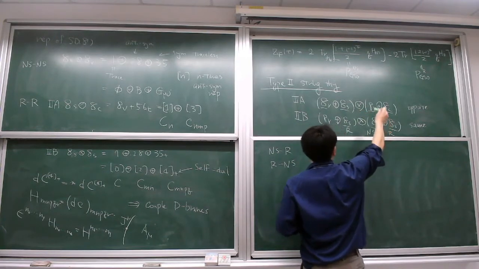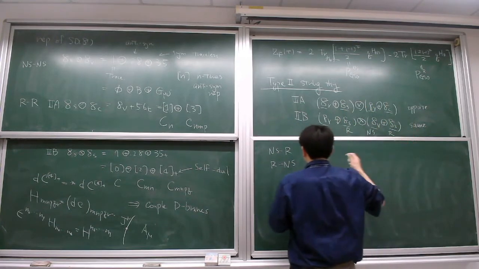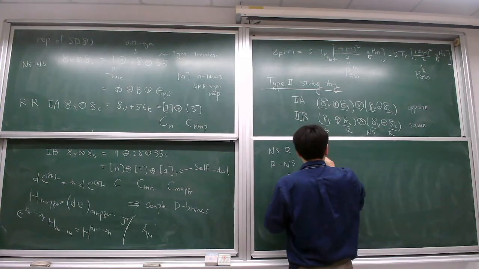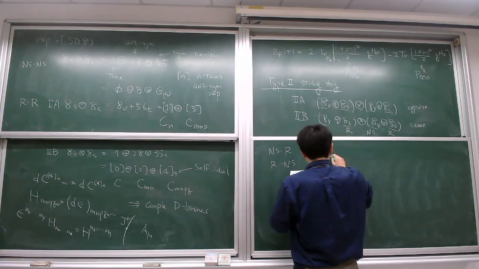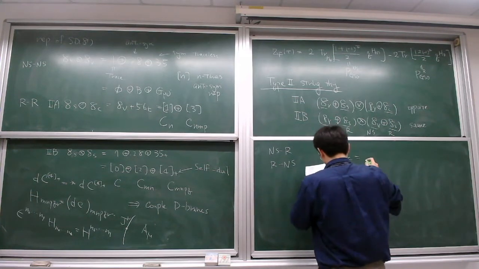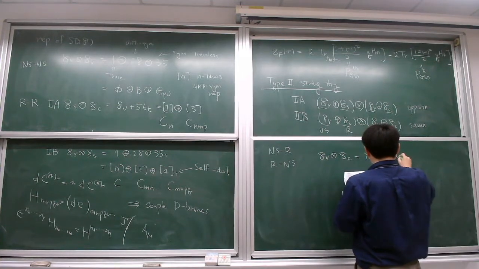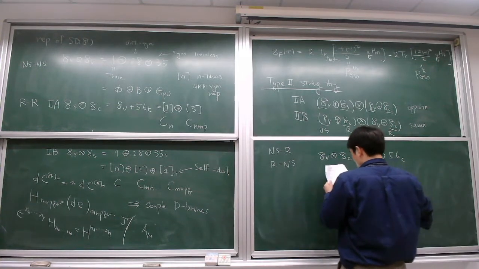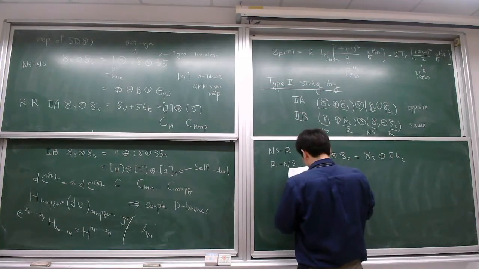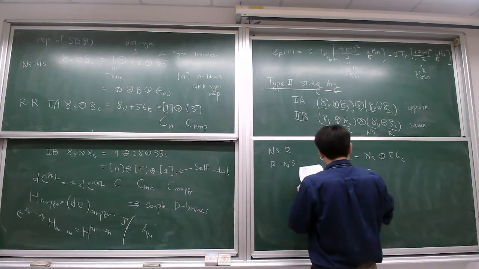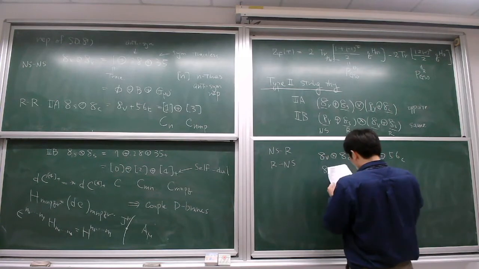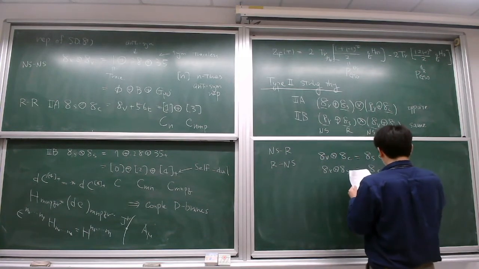Essentially what we need to consider is this one: 8B cross 8C is equal to 8S plus 56C, and 8B cross 8S is equal to 8C plus 56C.